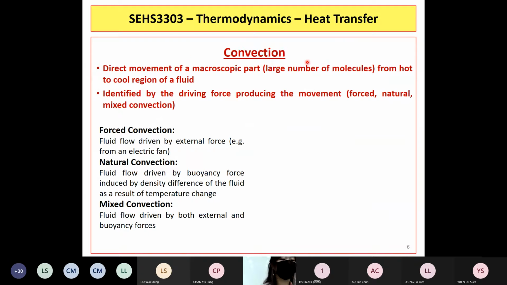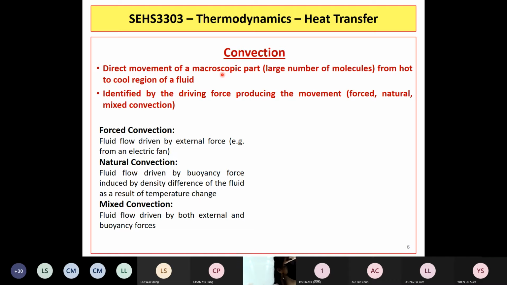Convection: direct movement of a macroscopic part from a hot to a cool region of a fluid. So the movement of fluid is involved, while heat transfer is involved.